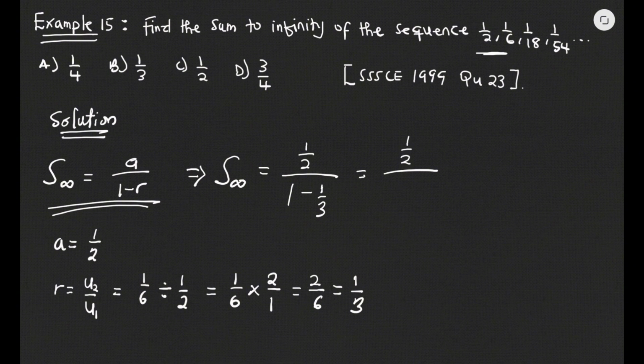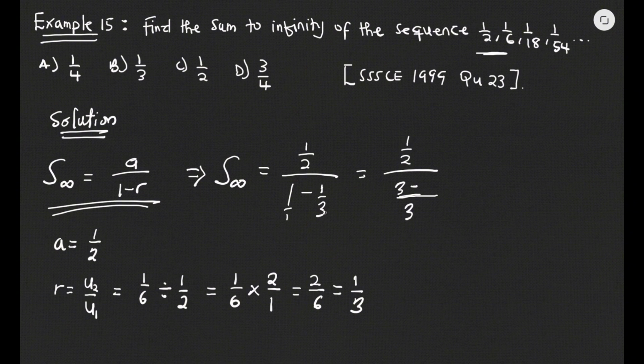Now 1 minus 1 over 3 will give me 2 over 3, but let's look at how we got the 2 over 3. This 1 also has 1 as the denominator, so the LCM will be 3, the highest number over here. So 1 will go into 3 three times, and that 3 multiplied by the 1 at the top gives me 3.